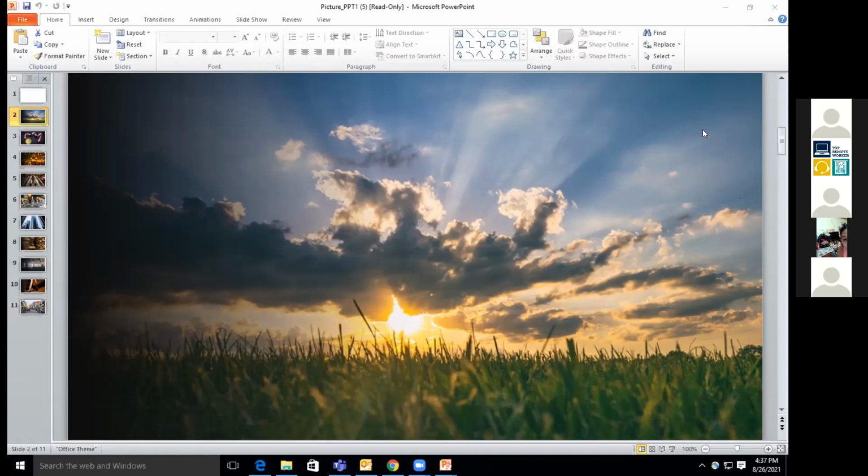But if you put it in a feeling, you'd be able to see that the rays are trying to push through, meaning that there is hope, right? Looking at this scene, it's tranquil, it makes you calm, and it shows you that there is hope with whatever is happening right now. See what I'm doing?